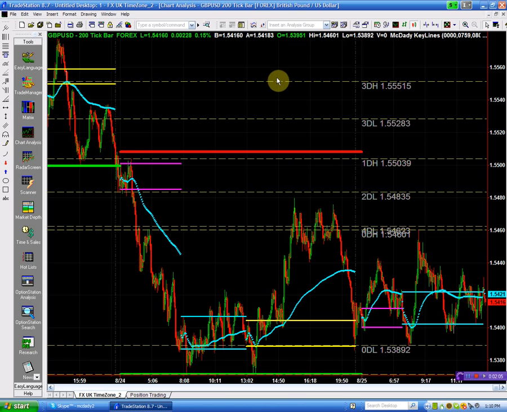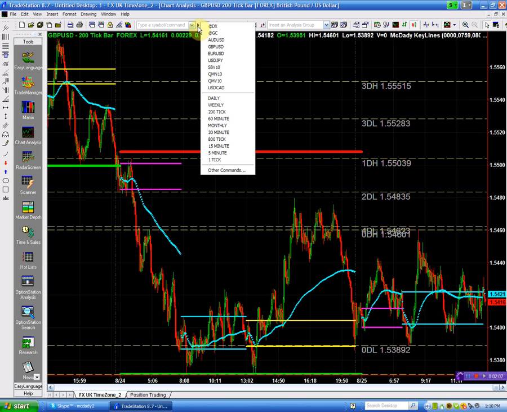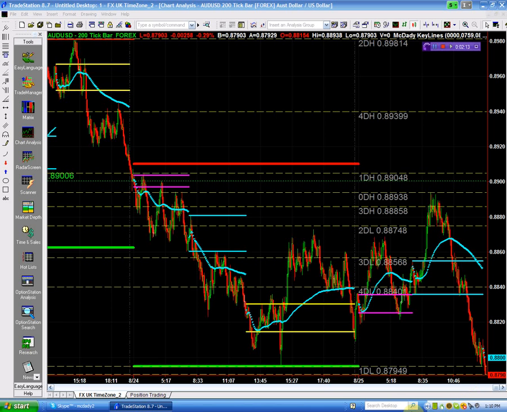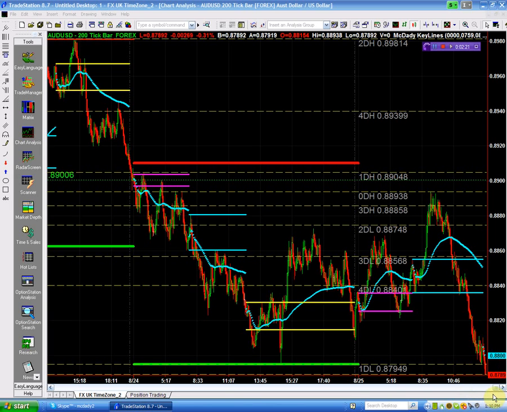We look at the Australian. This is the Aussie dollar, and you can see again the major decline and the continuation to the downside. So you want to be maintaining the short bias for the Aussie versus the US dollar.